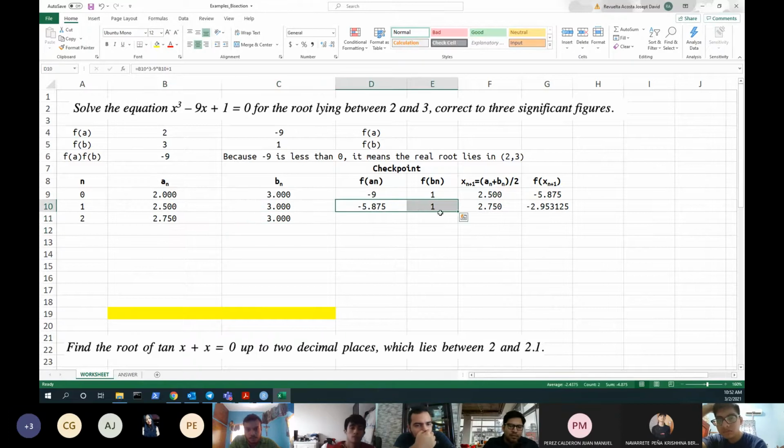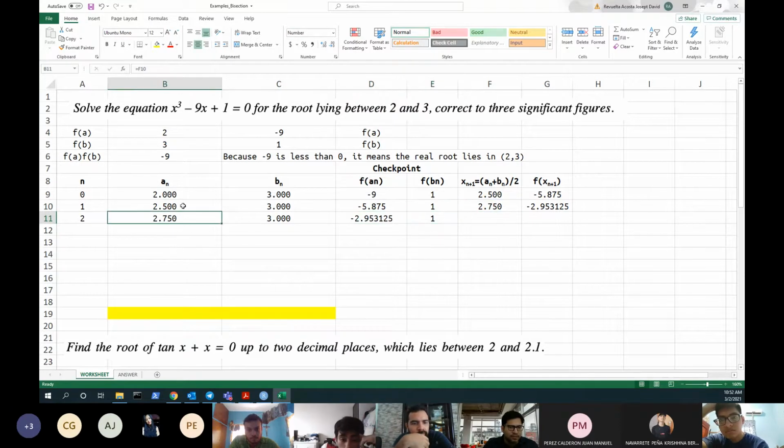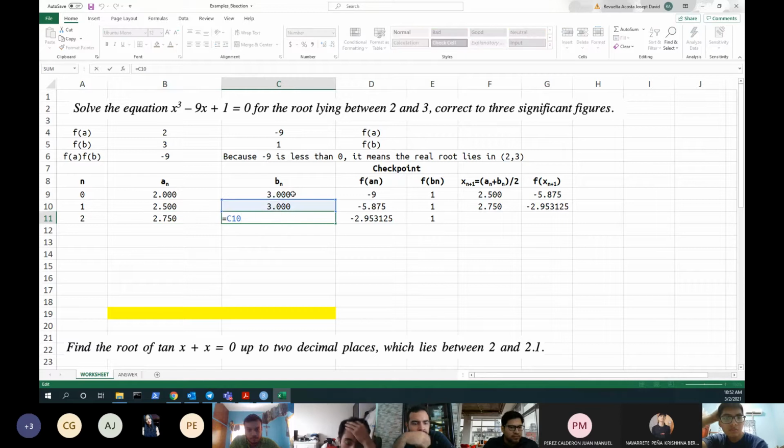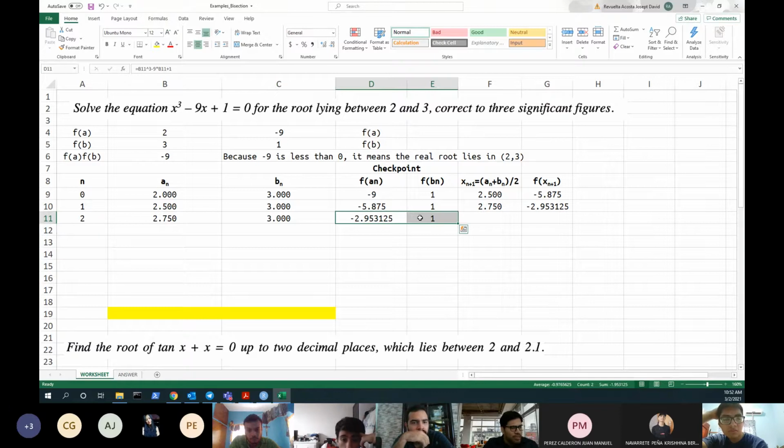And then I'm going to evaluate the function, negative and positive. Negative and positive. So this is 2.75, sorry, and this one is constant. Okay, so it's still my rule or my checkpoint is correct. So I do this one. Oops, sorry. I just evaluate these two.